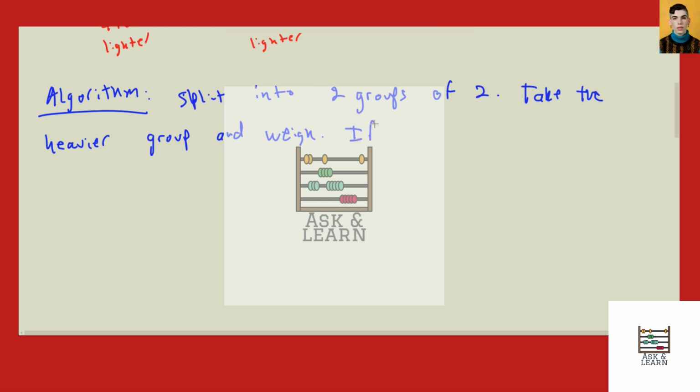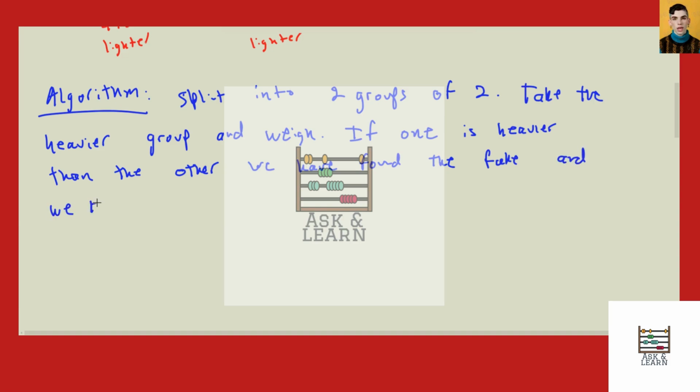So if one is heavier than the other, we have found the fake, and we know the fake is heavier.